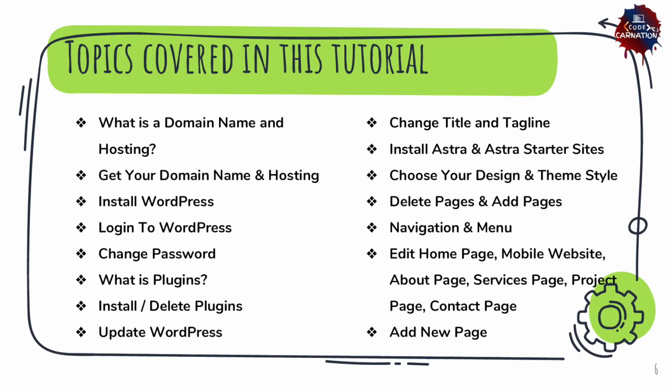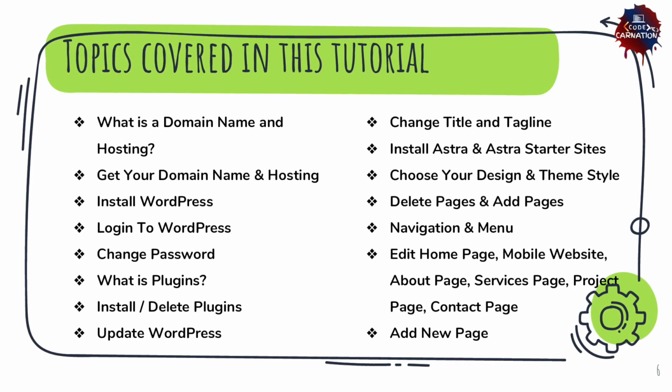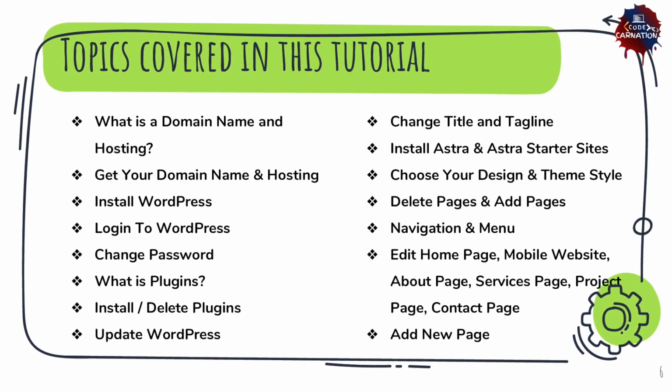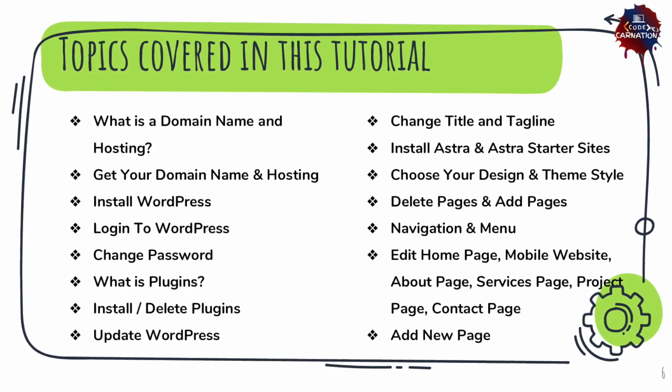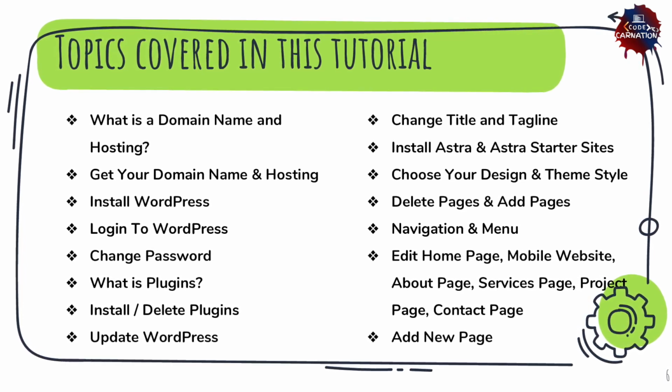So now we'll see what all the topics we are going to cover in this tutorial. It will be what is a domain, what is hosting, then how to get a domain and hosting, then where to install WordPress.